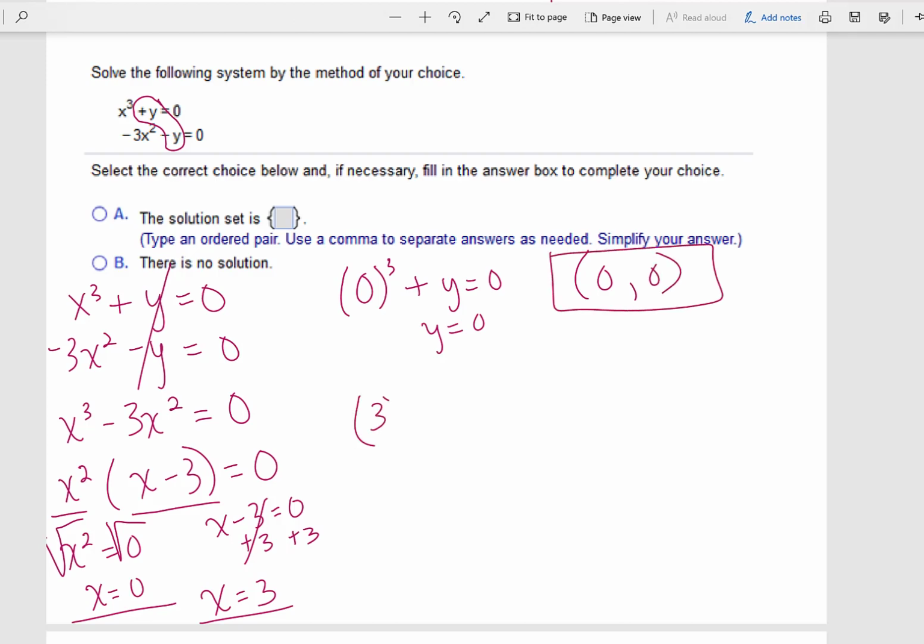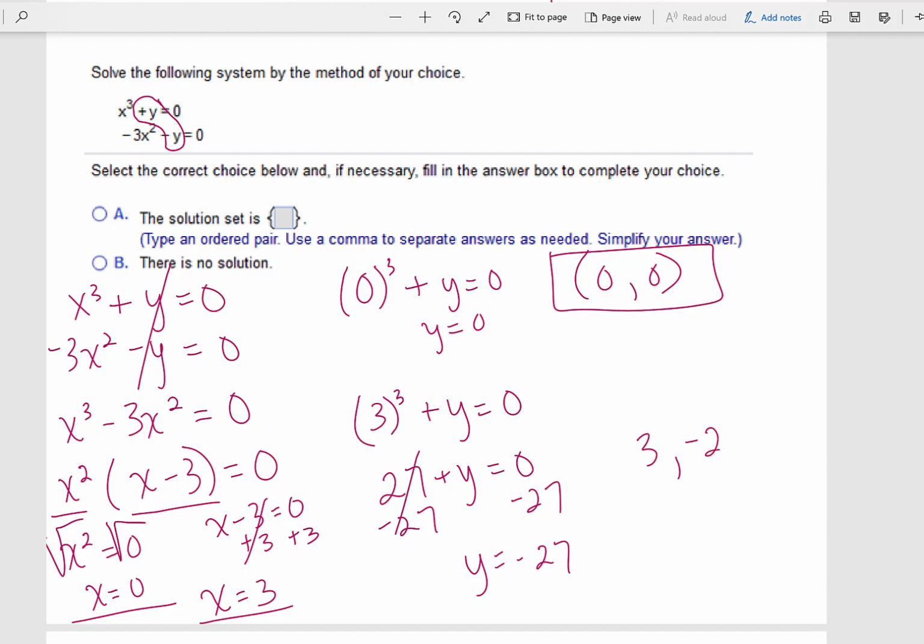When x is 3, y is negative 27. So that is my second ordered pair.